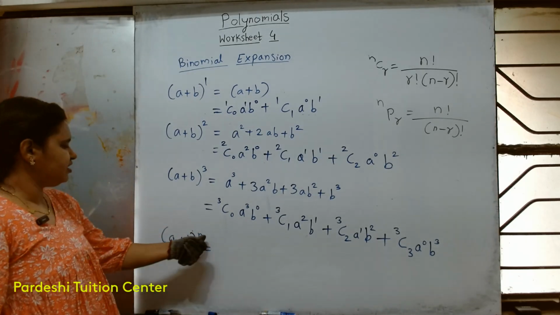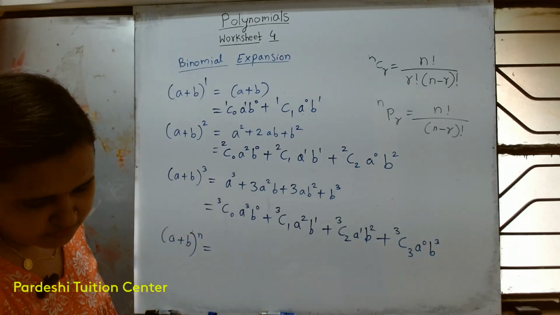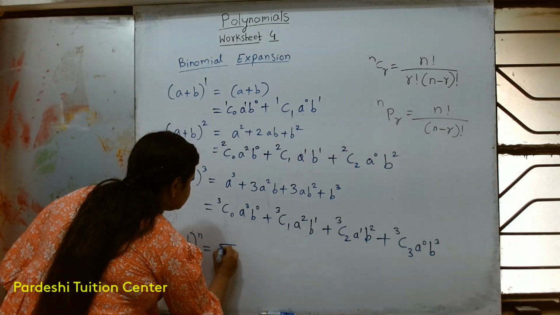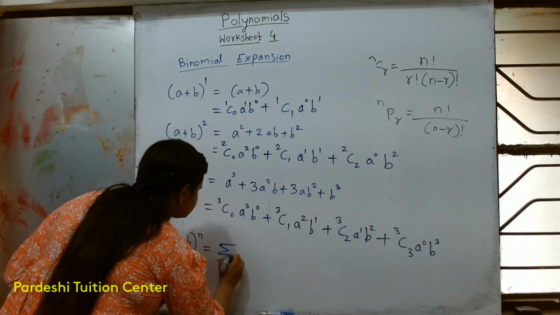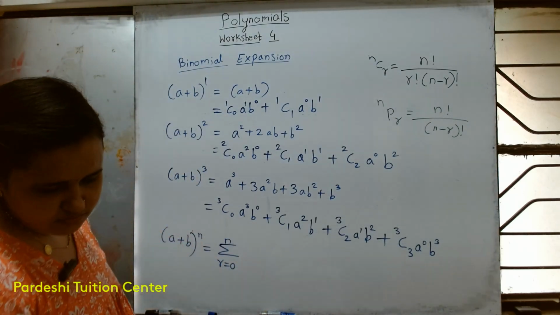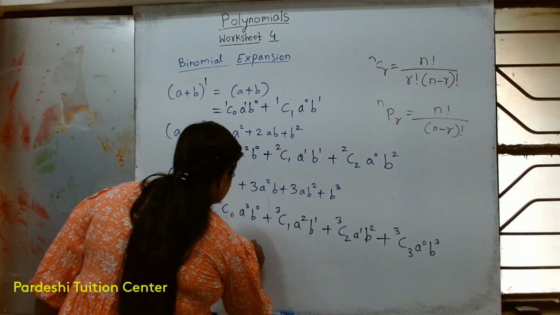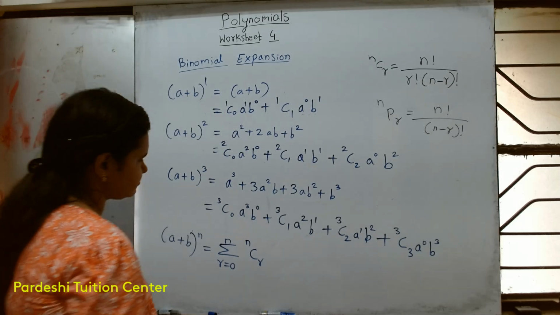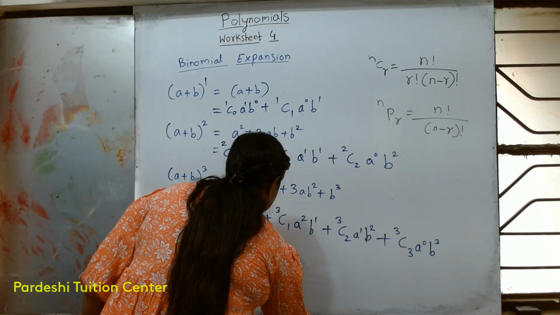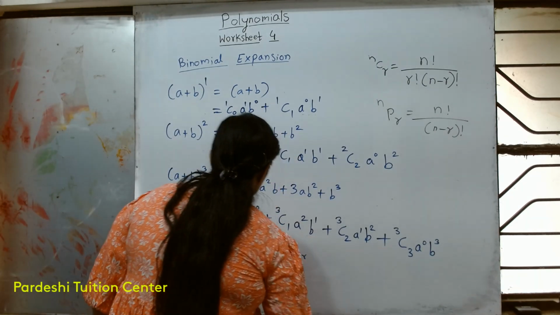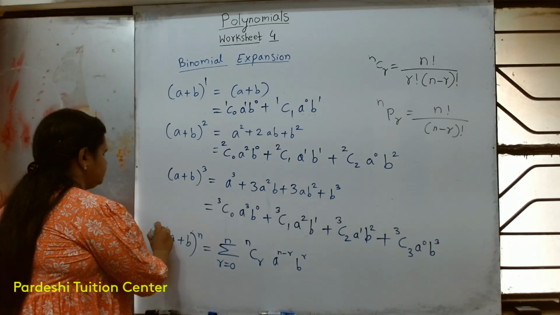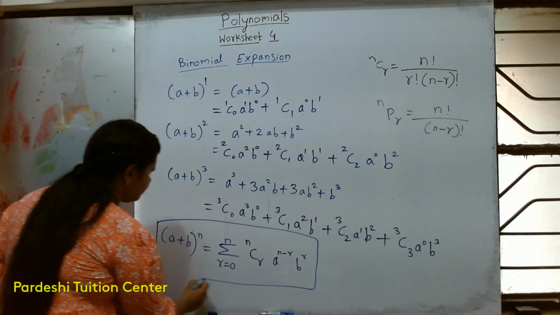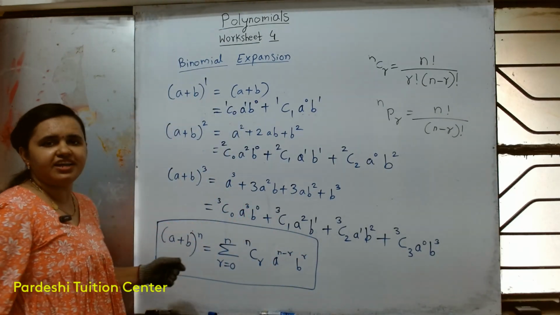If I take the power as n, it is the common formula, the general formula for binomial expansion.